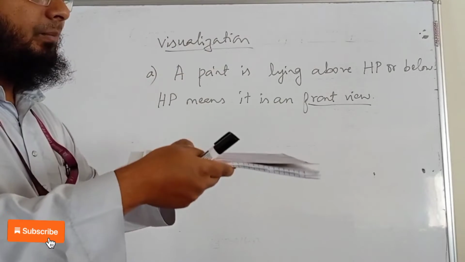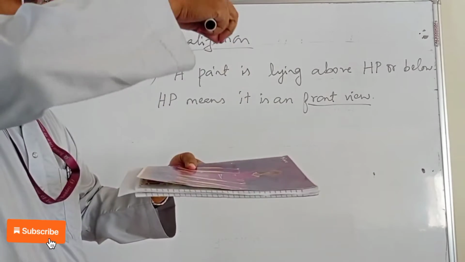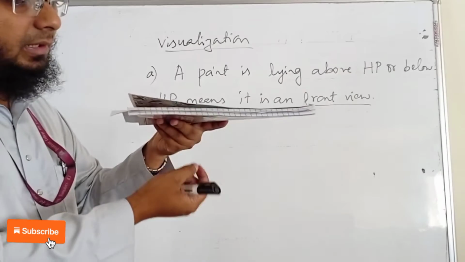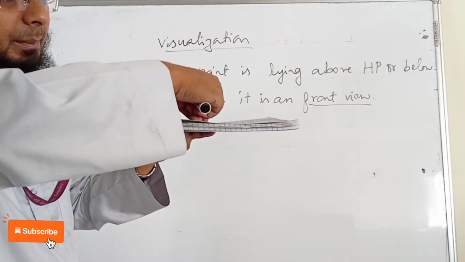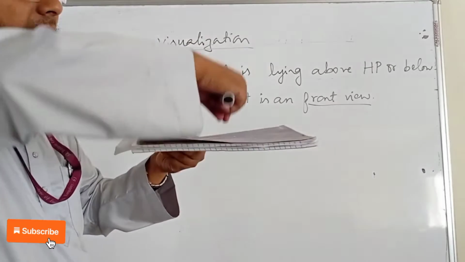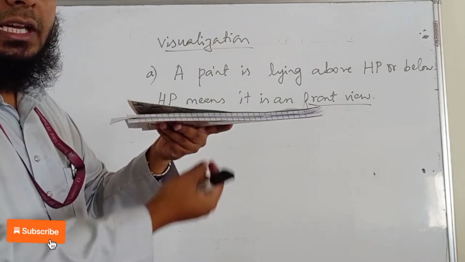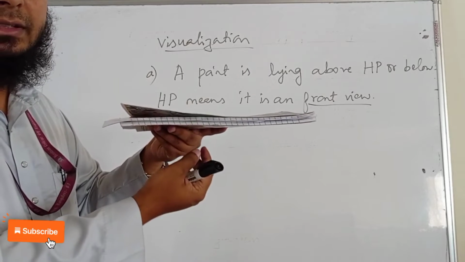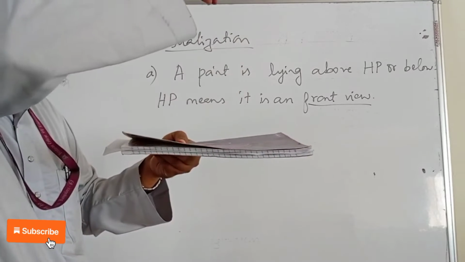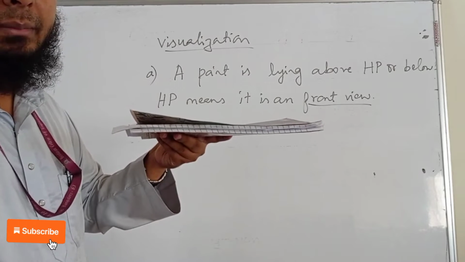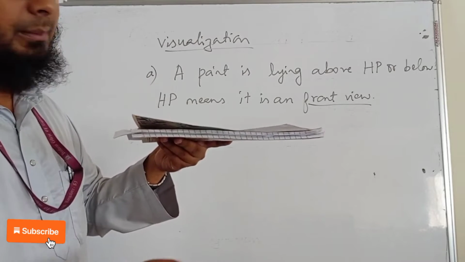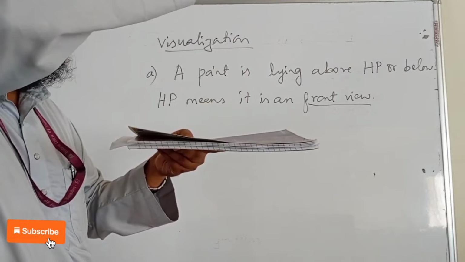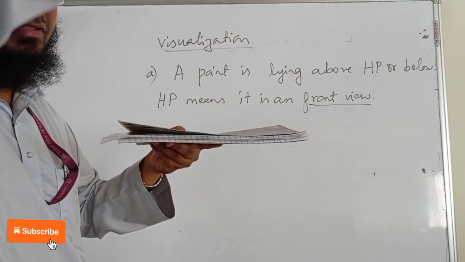So if any point is lying above HP or below HP, it is in the front view, because the distance from the HP plane, whether above or below, can be seen only from the front view. That is visualization, how we are looking at things. How far the point is from the HP plane, say 50 mm or 60 mm above HP, can be seen from the front view.